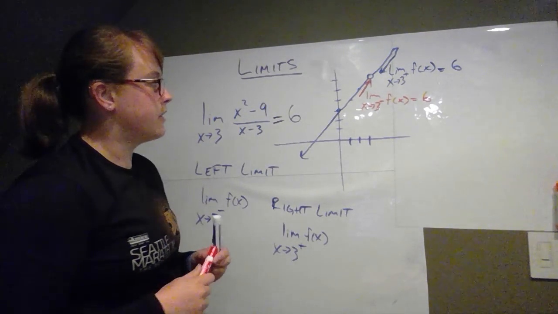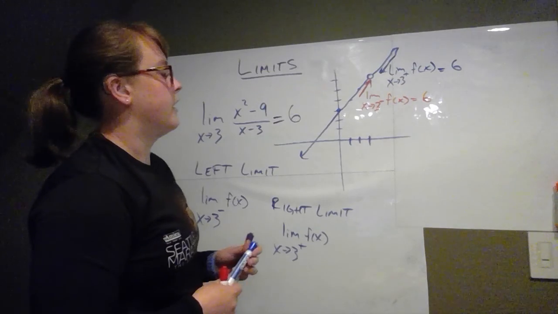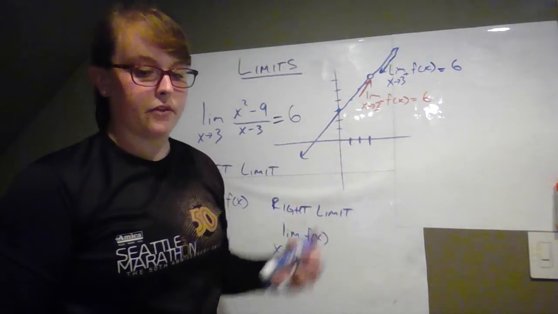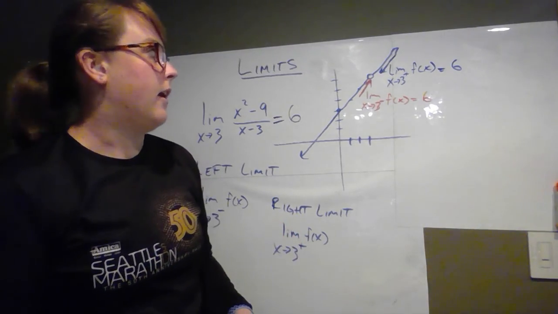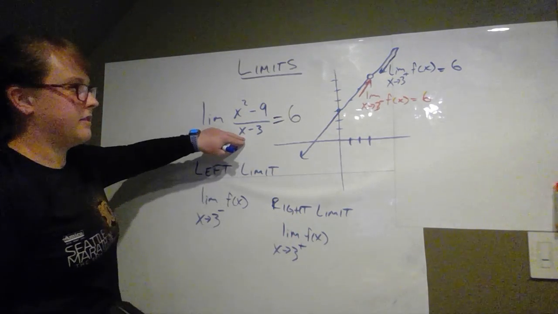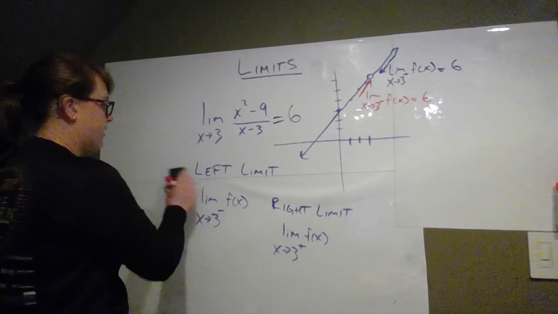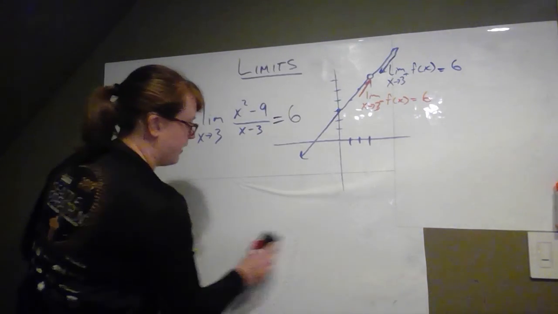Okay, so there's this nice thing that happens when these two limits are the same. When the left-hand limit matches the right-hand limit, we say that this limit exists.